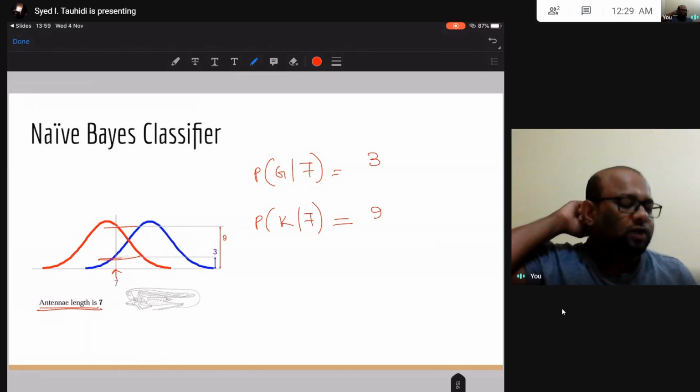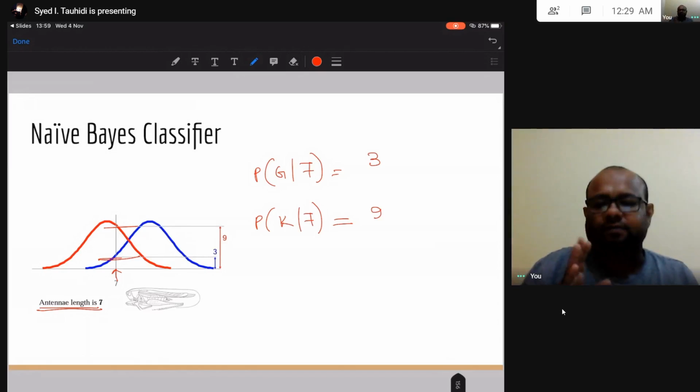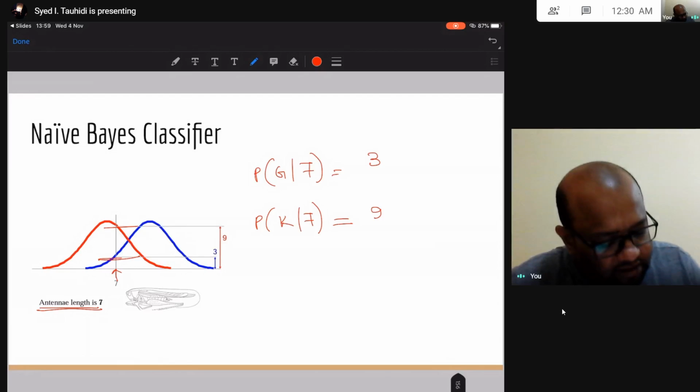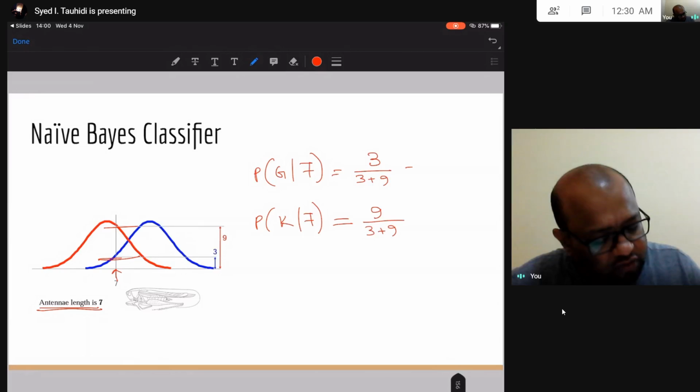Once again, this is not equal to 1. Probability should be equal to 1 or 100%. So let us normalize this and make it equal to 1. I am going to divide by 3 plus 9, once again 12. So 3 divided by 12 gives me 0.25, and 9 divided by 12 gives me 0.75.